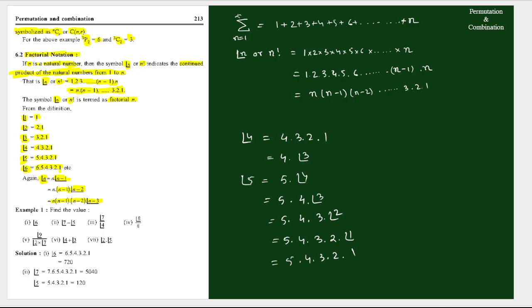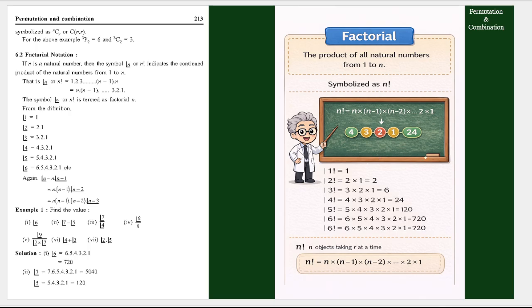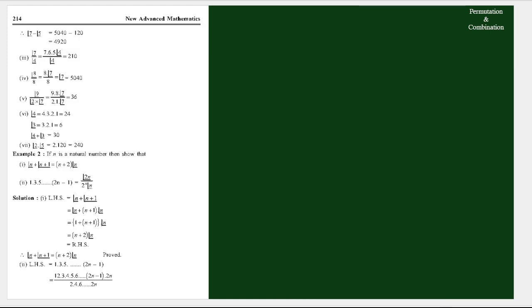So see, what came in factorial 5? 5, 4, 3, 2, 1. Okay? Understood what is factorial? So it goes on the same way: n into n minus 1 into n minus 2, up to this one. So factorial means the product of all natural numbers from 1 to n.